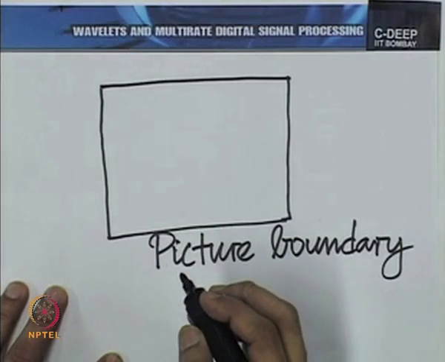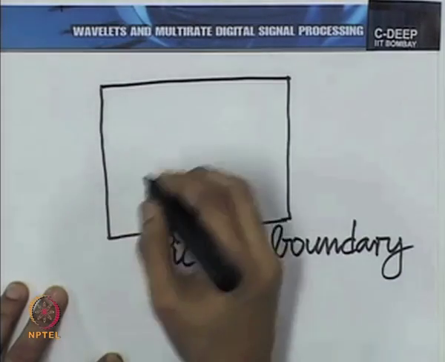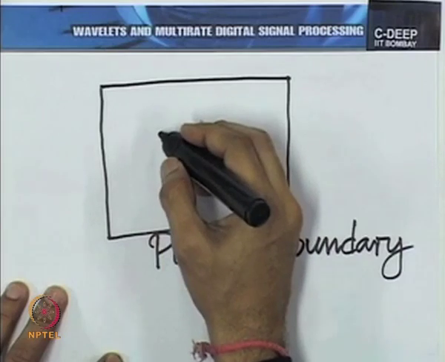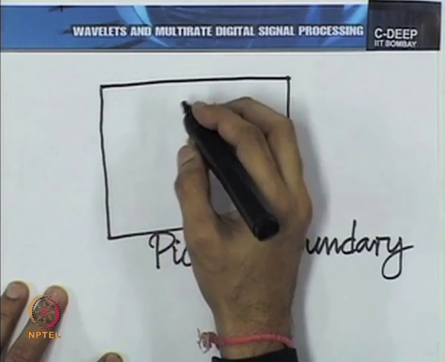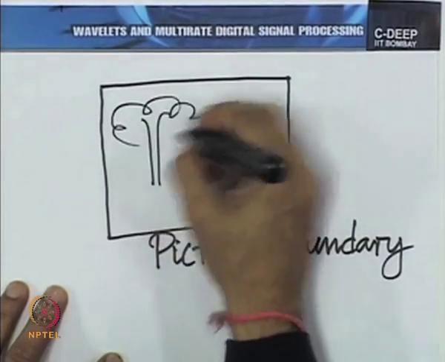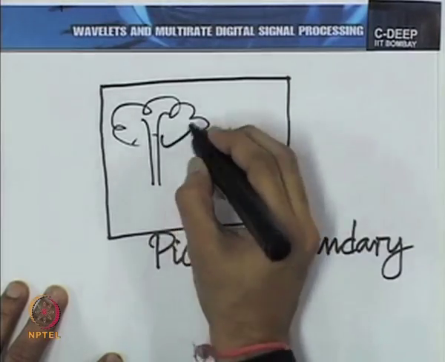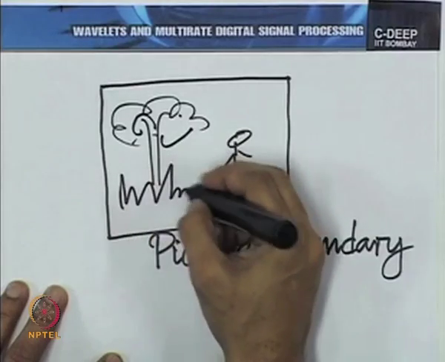And I am trying to represent this picture on a screen, whatever that picture might be. So, just for the sake of drawing, let me draw some kind of a pattern there. Let us say you have a tree and some person standing there. Forgive my drawing, but whatever it is, and some grass maybe here.